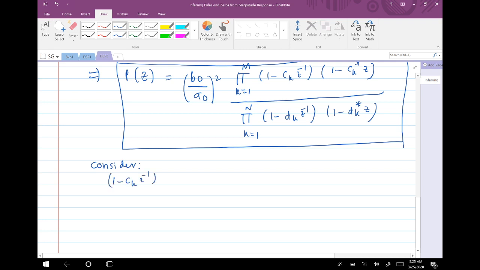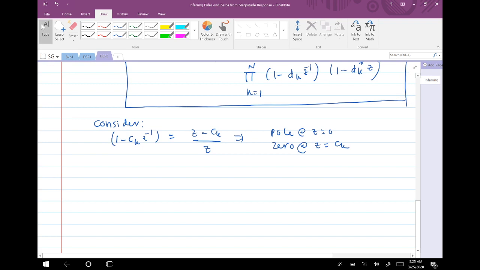Similar to the previous class, you could write it as z minus ck by z, which means it has a pole at z equal to 0, and this root, being in the numerator, corresponds to a zero at z equal to ck.